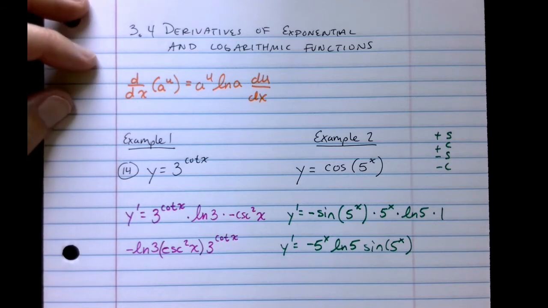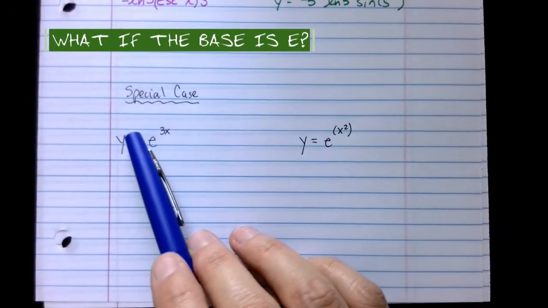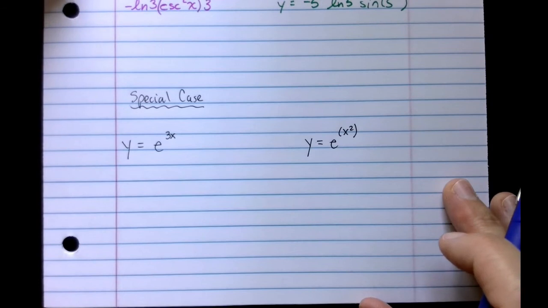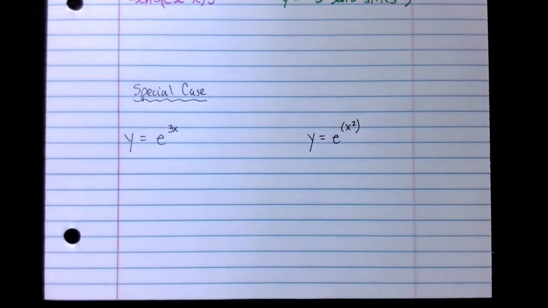Now there's a special case. What if your base is e? Okay, now we're still going to use the same exact rule. However, something different is going to happen. In our process at the end, we're going to end up with our other exponential rule. So I'm going to find the derivative.